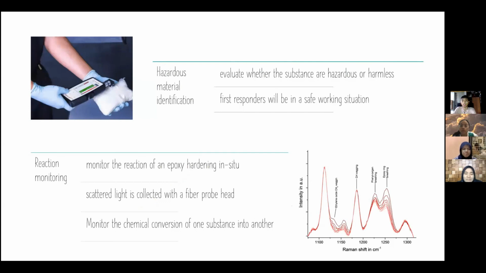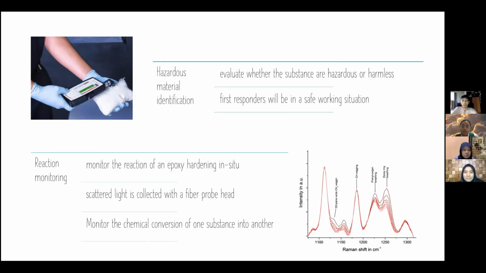And then to detect poor quality. Next, hazardous material identification. We can evaluate whether a substance is hazardous or harmless. And then the first responder, like for narcotic or medical use, or chemists, will be in a safe working situation.